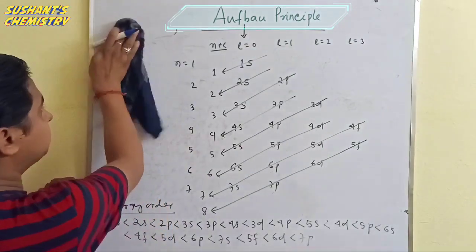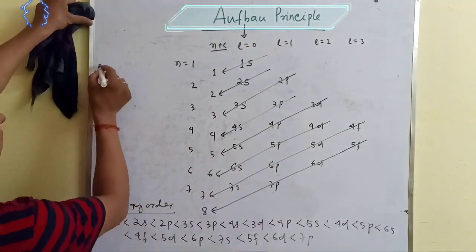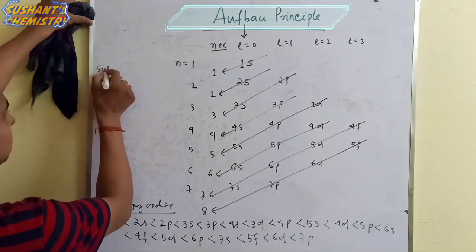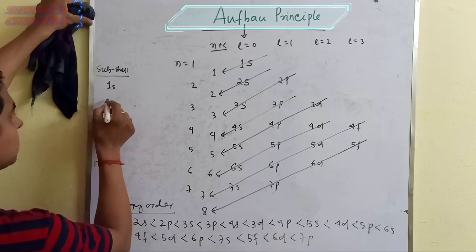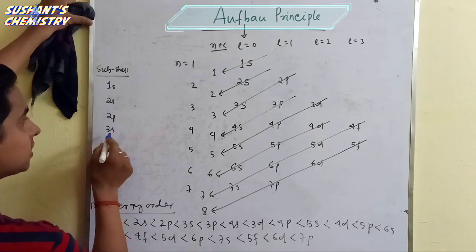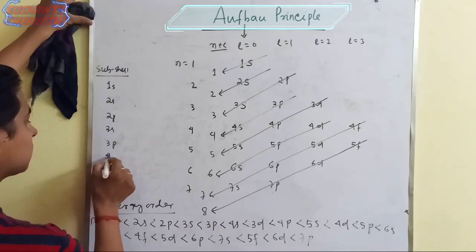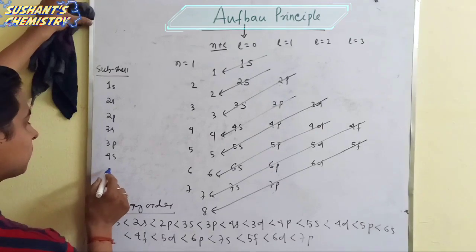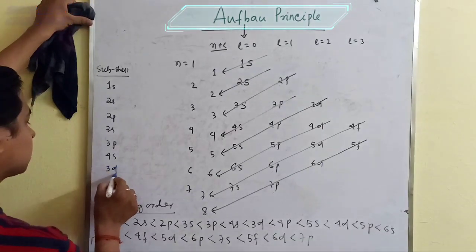Now, for example, take the subshells 1s, 2s, 2p, 3s, 3p, 4s, 3d, 4p.